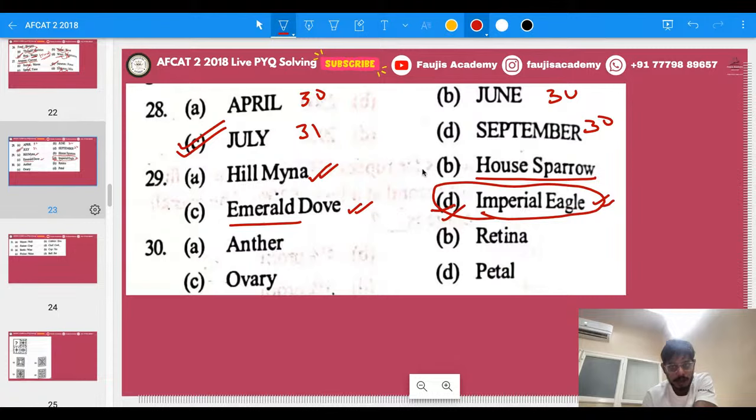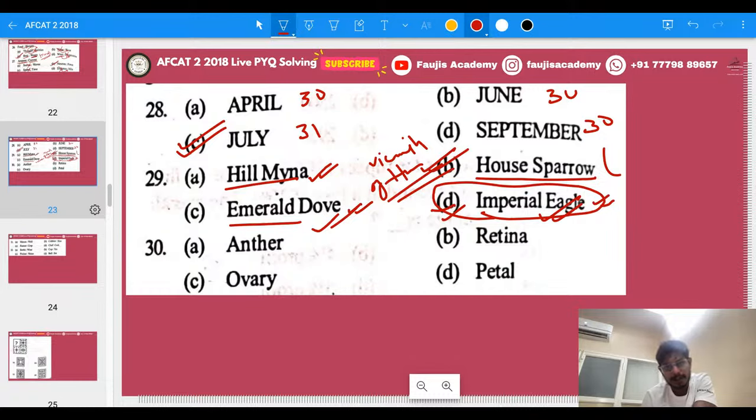But the house sparrow lives within the vicinity of human beings, and all of the others are found in the forest. They do not live with humans. Question number 30.